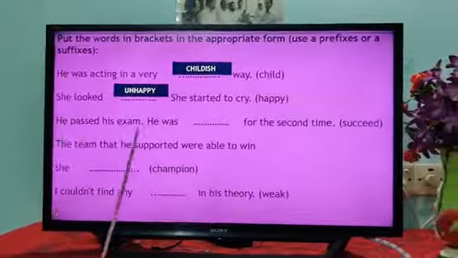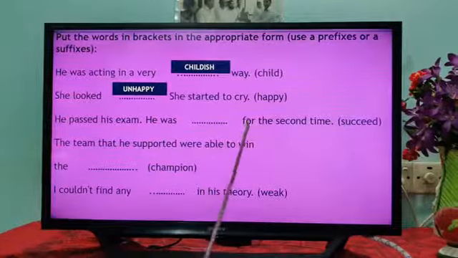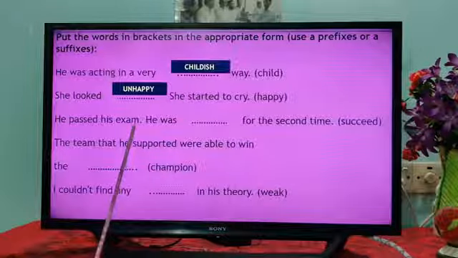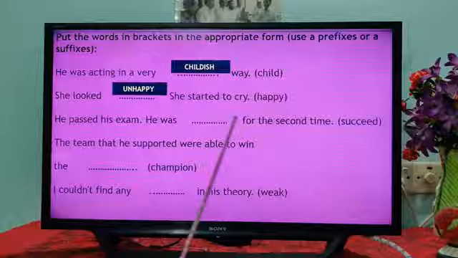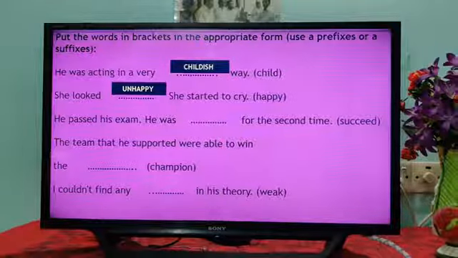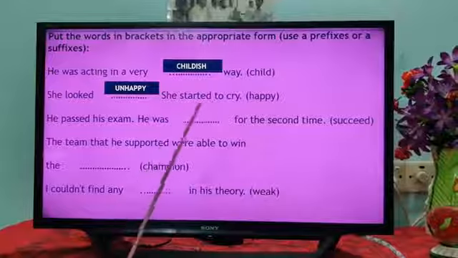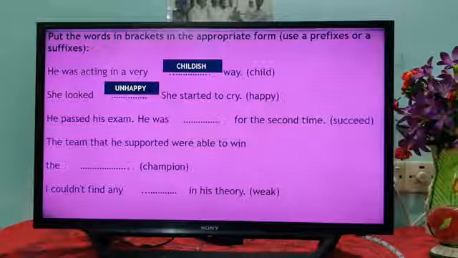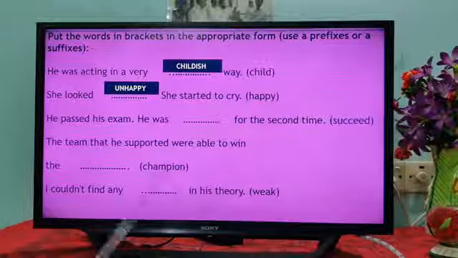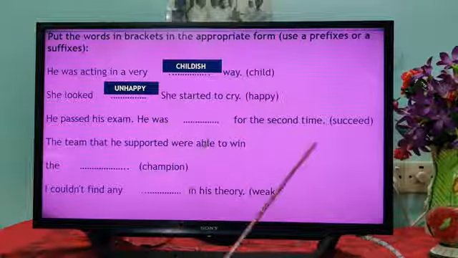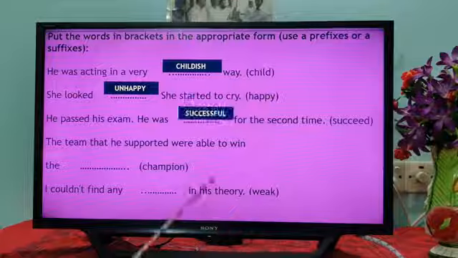He passed his exam. He was dash for the second time. Succeed. What will be the appropriate word for the gap? Can you guess? Unsuccessful?